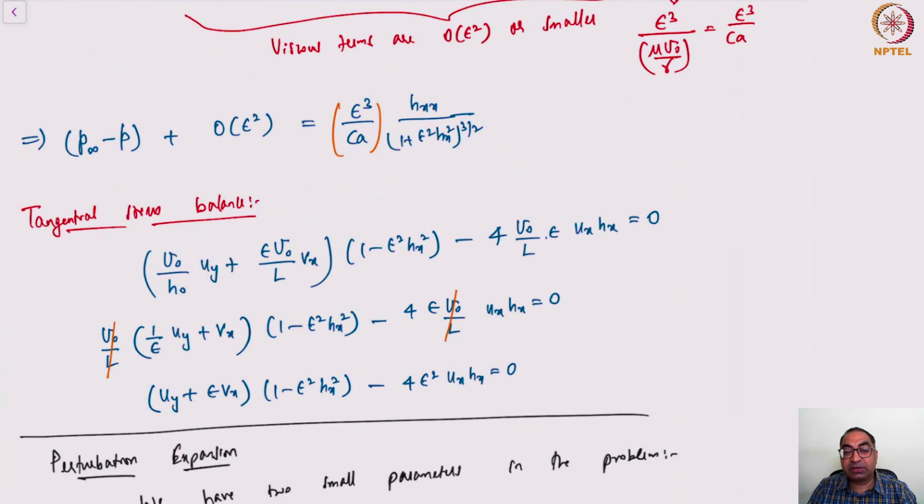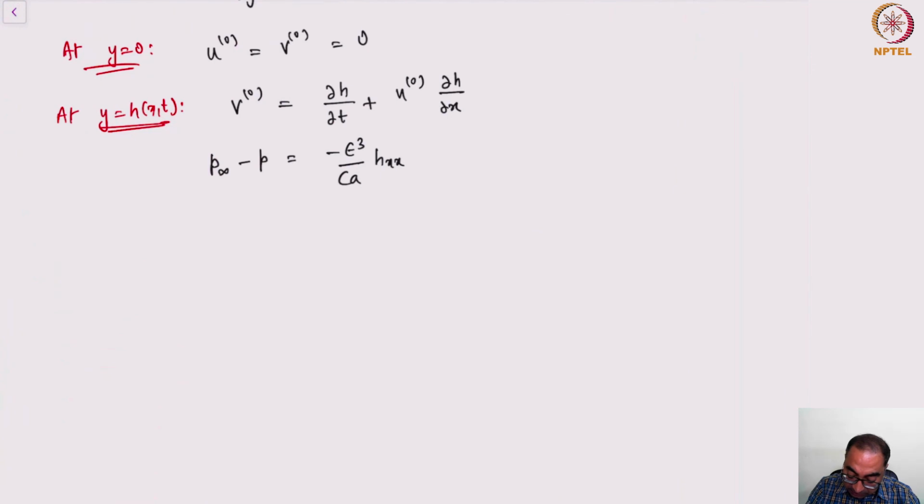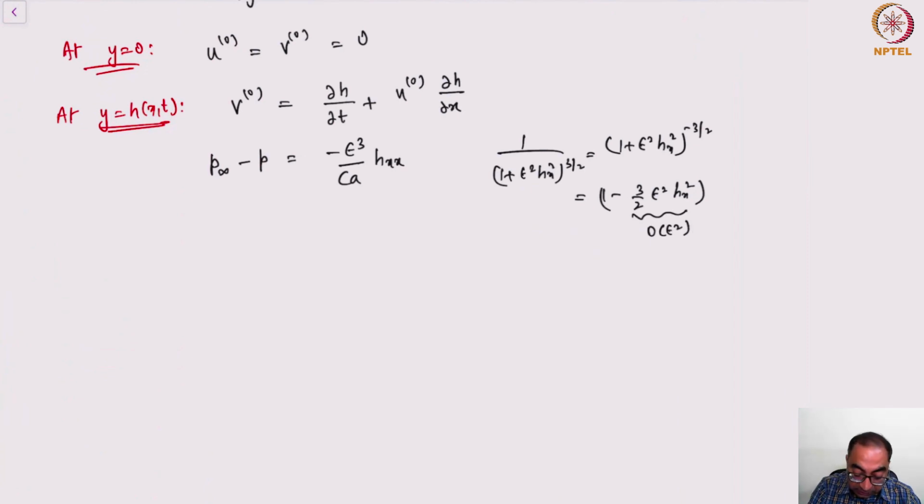Just to illustrate, you have 1 by 1 plus epsilon square hx square whole power 3 by 2, which becomes 1 plus epsilon square hx square whole power minus 3 by 2, and this becomes 1 minus 3 by 2 epsilon square hx square by binomial expansion. This is an order epsilon square term and is small. So that's how we get rid of all the other complex terms.